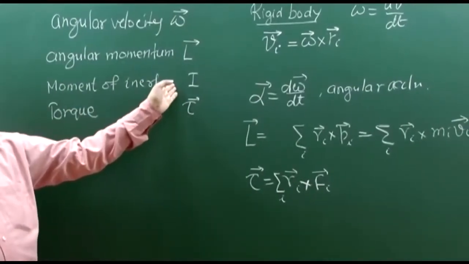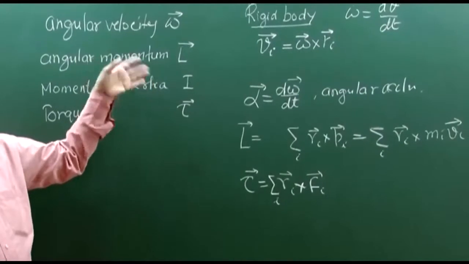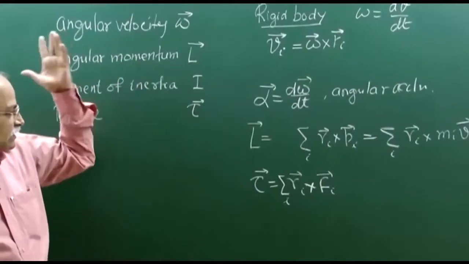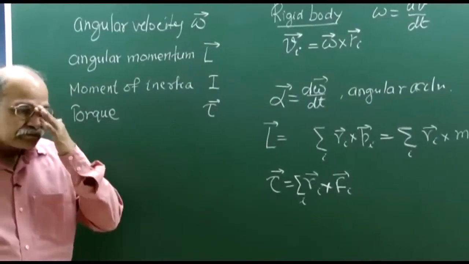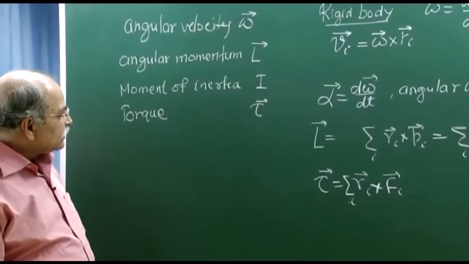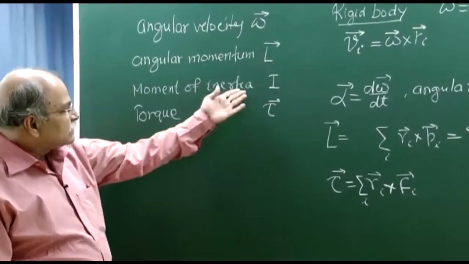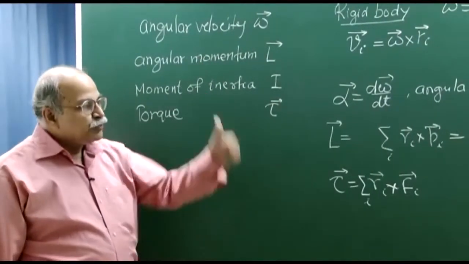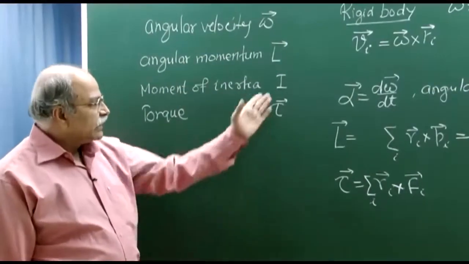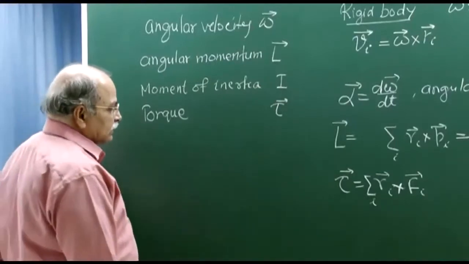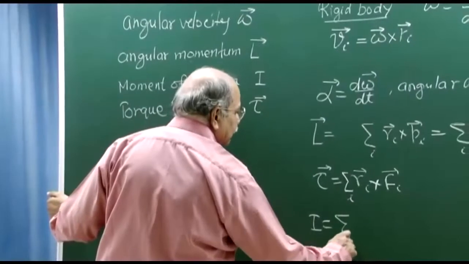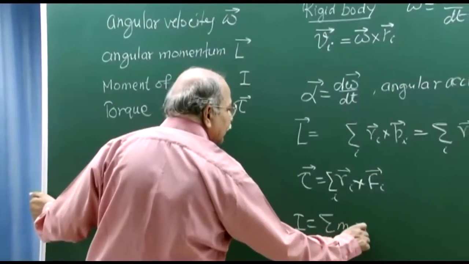Moment of inertia is something which is more tricky, and probably I will not be talking about this much. Some of the elementary textbooks define moment of inertia about an axis. They assume that this rotation is about a fixed axis of rotation, and then the definition of I is simple, and that is summation over mi Ri square.